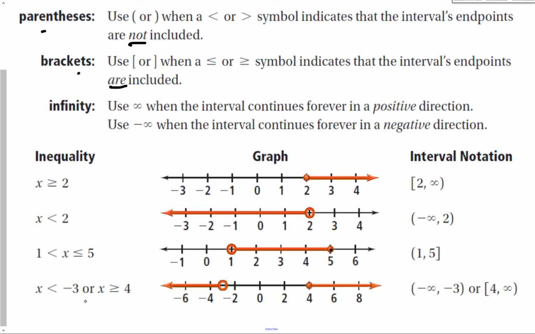With an OR inequality, we have to list each part separately because there's 2 parts. So we can say this, or a fancier symbol that you'll see later is we can use a U for union. Okay? Putting these 2 sets together, the first one or the second one.